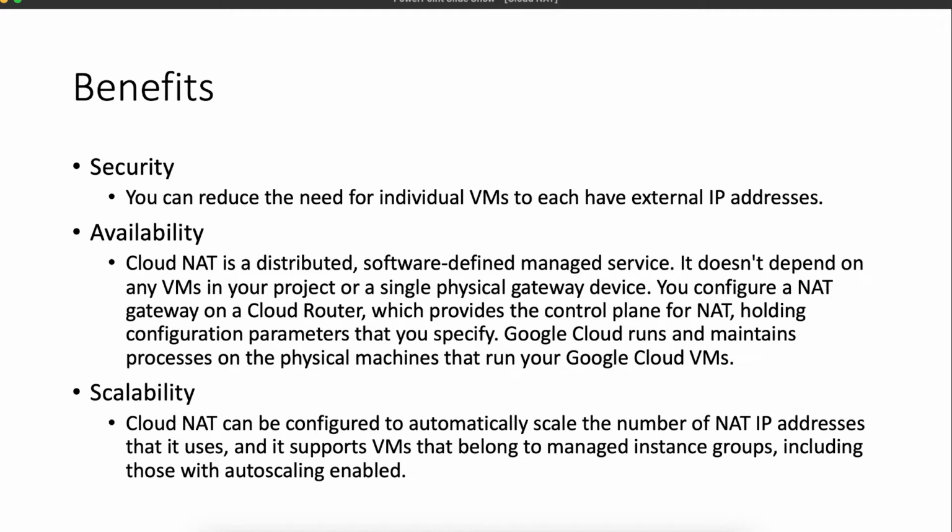If you create a virtual machine and use that as a NAT, and if that virtual machine goes down, now all the virtual machines that are relying on the outbound connection and on that NAT virtual machine to be up and running will lose connectivity, right? So everything is down. You do not want that. You want to have high availability.